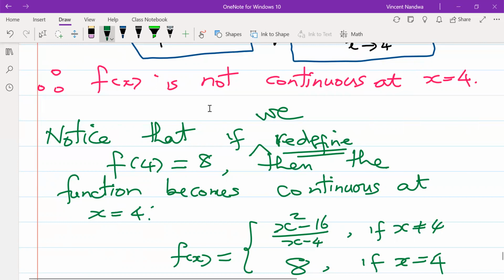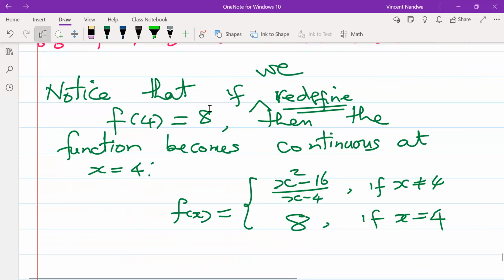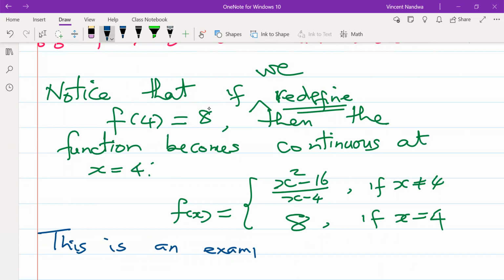So such a kind of discontinuity, a function which is not continuous, is said to be discontinuous. So this is an example of a removable discontinuity.